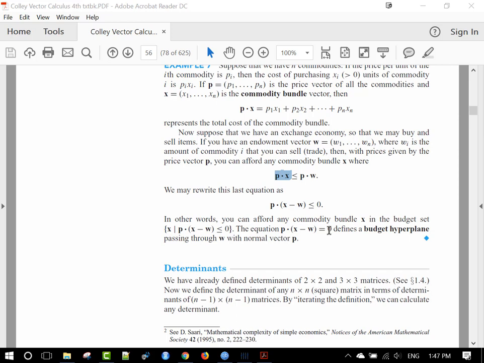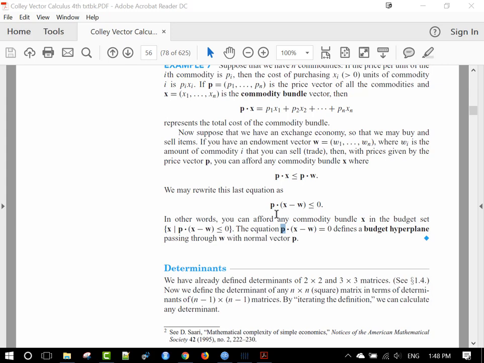And that represents basically the maximum that we can purchase or sell. And of course this hyperplane passes through this point, or this vector, and the normal vector is P.